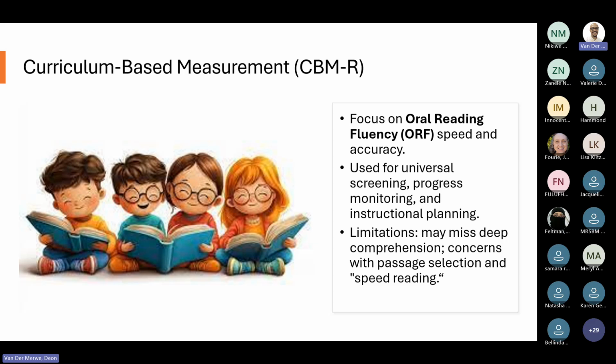One of the key features of the CBA is oral reading fluency, where learners read aloud and their speed and accuracy are measured. This gives a quick sense of reading levels and progress as well.